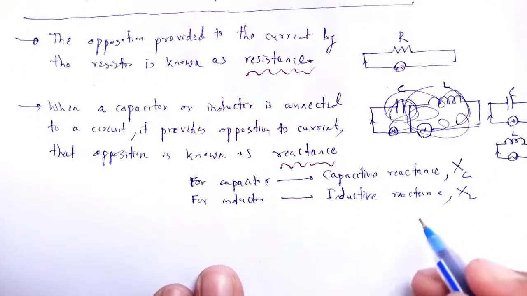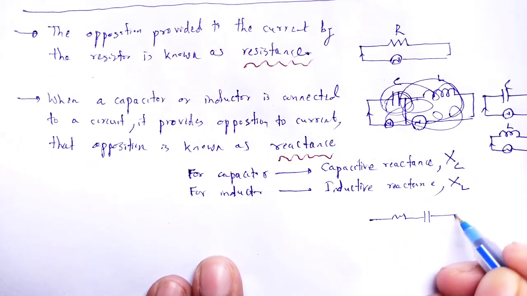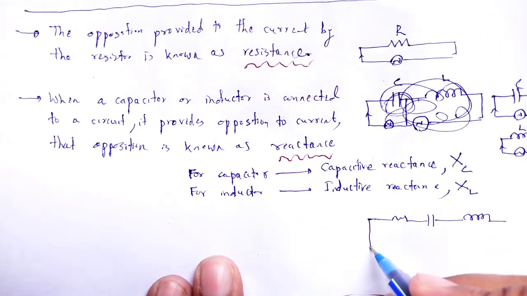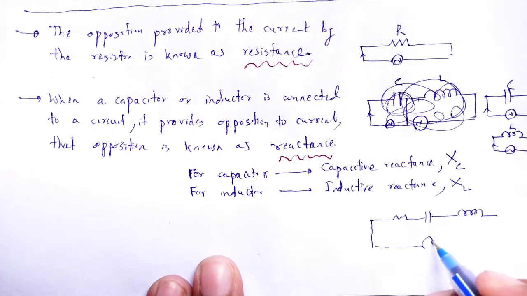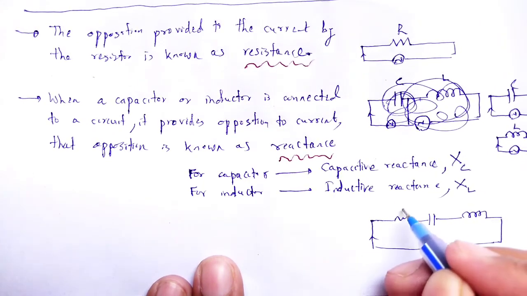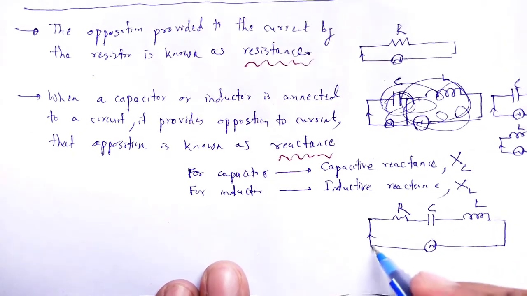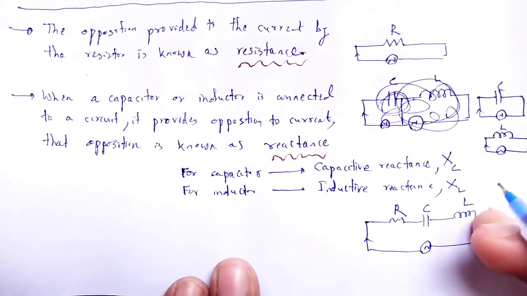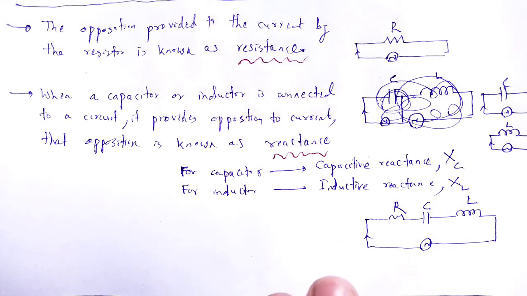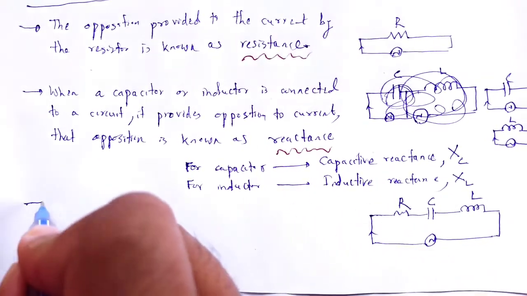If these three, resistor, capacitor and inductor, are connected in series to an AC circuit, then the opposition provided to the current is known as the impedance.